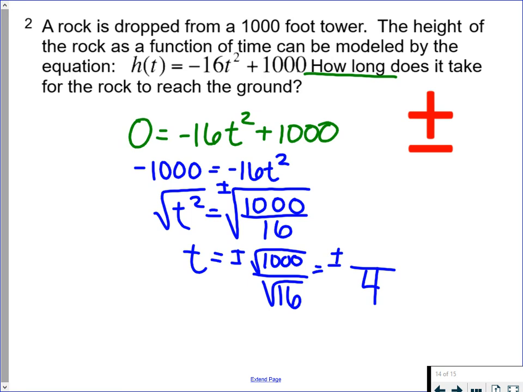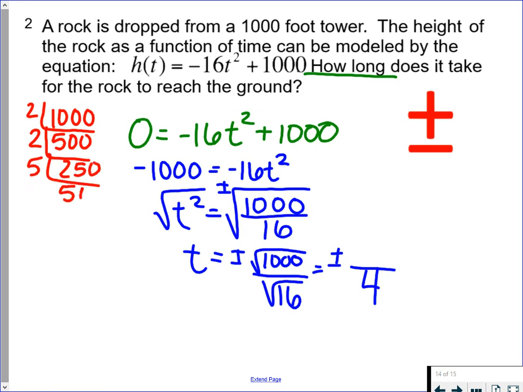And if I'm without a calculator, maybe I don't know that a perfect square goes into it. I can just start dividing. And then usually by that point, I realize, oh wait, 100 goes in there.